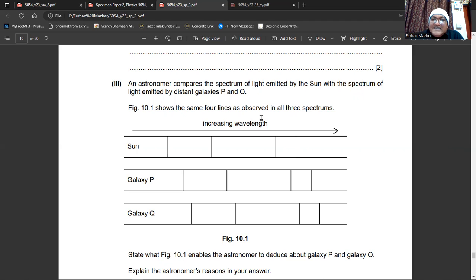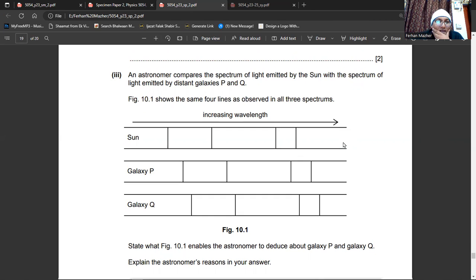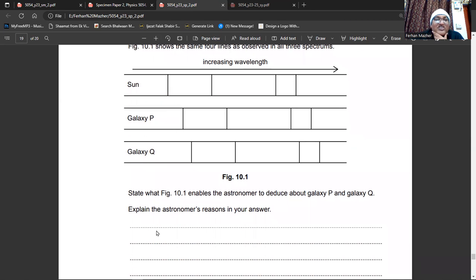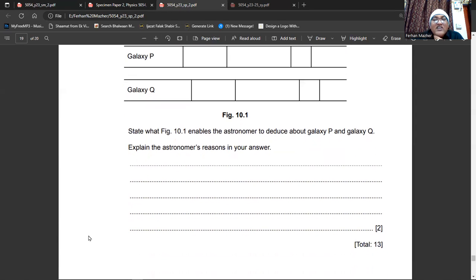And in this direction, the wavelength is increasing. So if some pattern is going in this direction, it means it has redshift. Okay. State what figure 10.1 enables the astronomer to deduce about galaxy P and galaxy Q. Explain the astronomer's reasons in your answer.